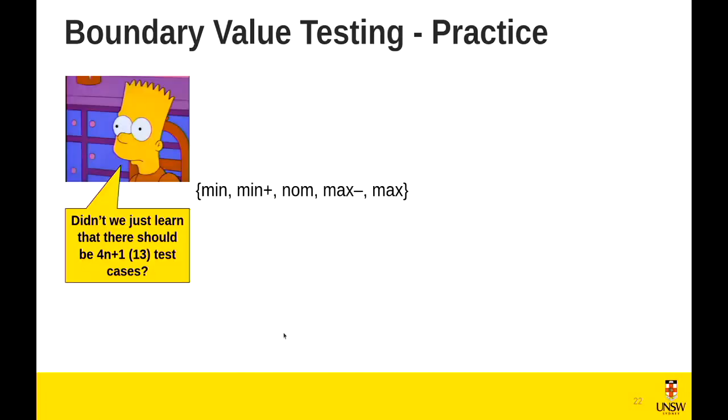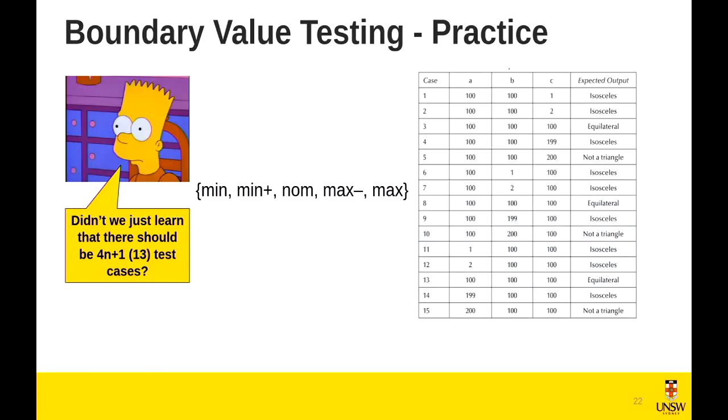But you may ask, didn't we just learn that there should be 4n plus 1, or 13, test cases? So what went wrong here for this table?